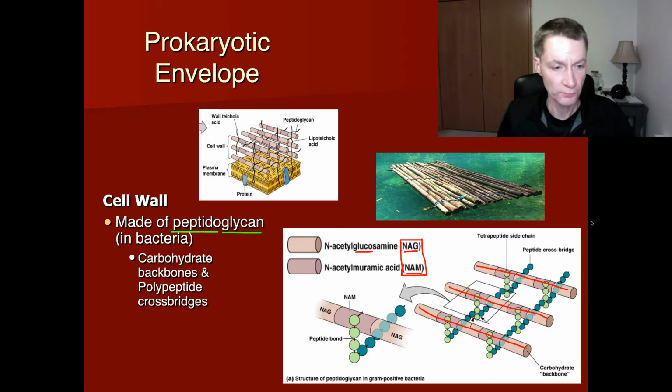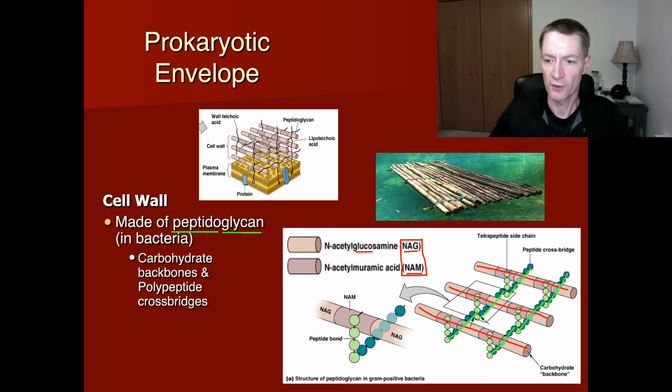Now the polypeptide cross bridges, okay, so we'll switch back to green for this. They are going to be made primarily of glycines, okay? So glycines are going to tie together these, and you see in green here the lines I'm making, right? They're going to tie together these carbohydrate backbones, okay?